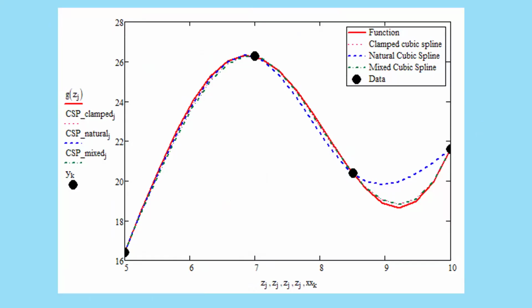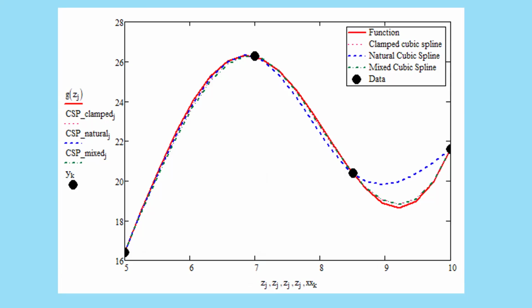This graph shows a comparison of the natural, mixed, and clamped cubic splines with the same data points. If you look at the figure, the natural cubic spline deviates more between the data points compared to the other methods, so the error is larger.